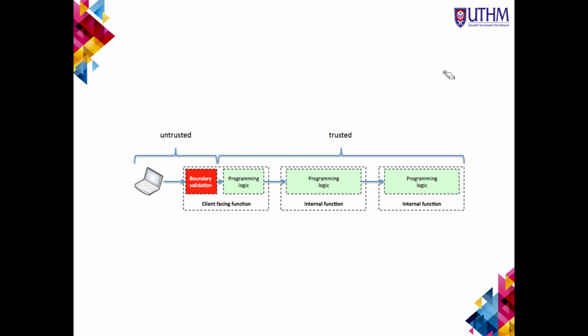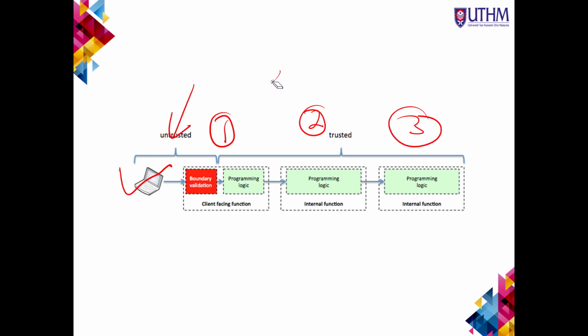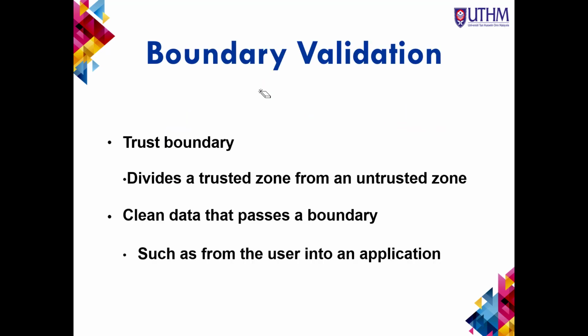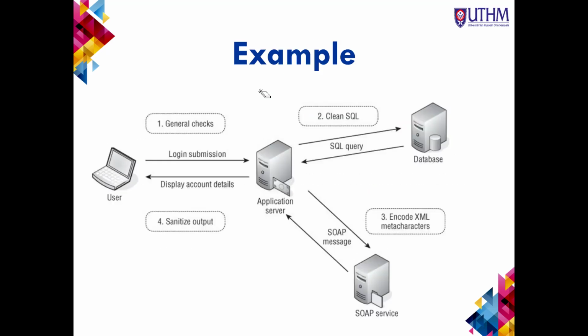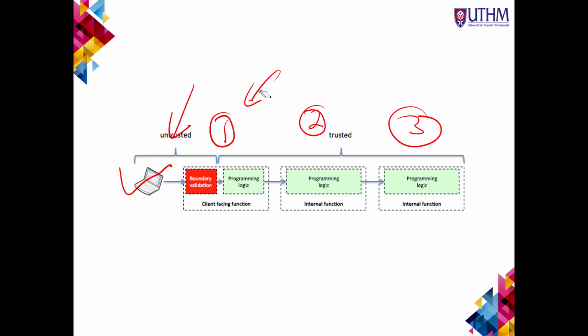What you need to do is add boundary validation before each, I put it as BV and BV. So inside the internal function, you also attach the boundary validation. What you need to understand is that when you are developing a web page, for example, inside the headers, you can put this calling function for the boundary validation.